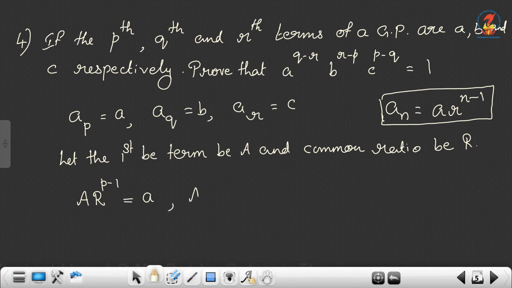Now A_q, that is AR raised to q minus 1, is b. Now AR raised to r minus 1 is c.